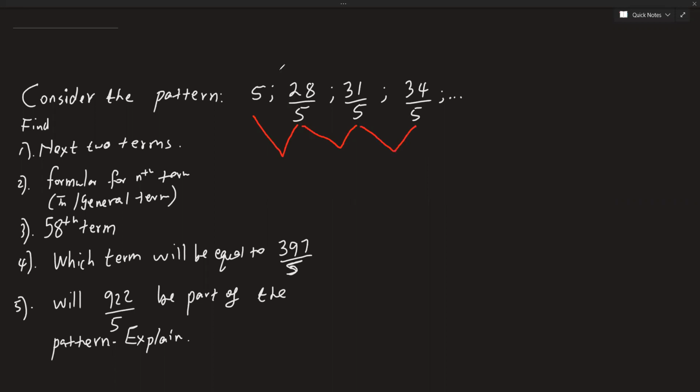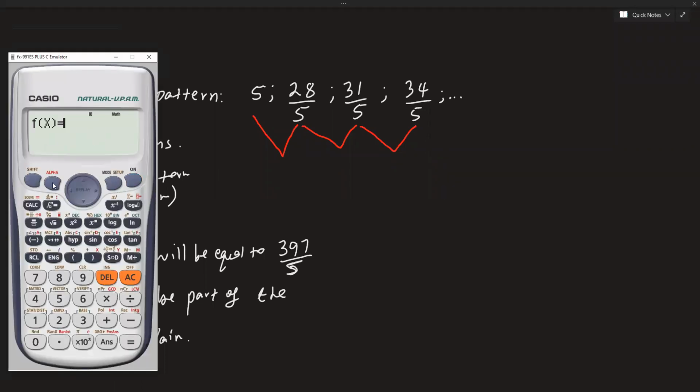I'm going to take my calculator and check quickly. Remember, it's T2 minus T1, which is 28 over 5 minus T1, which is 5. So I get 3 over 5.